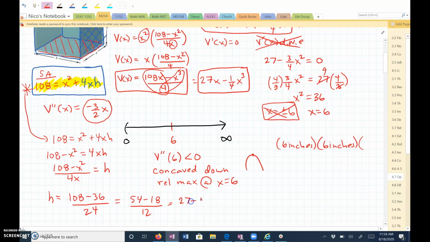This would be 27 minus 9 all over 6. You could divide all those by 3. This would be 9 minus 3 over 2. So this is going to be 6 over 2, which is 3. 3 inches. This would be the dimensions.